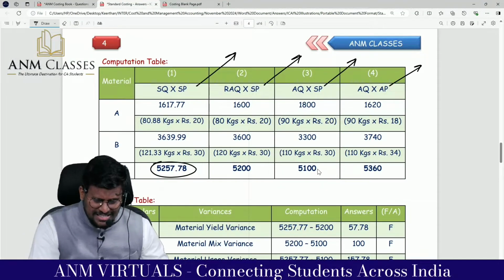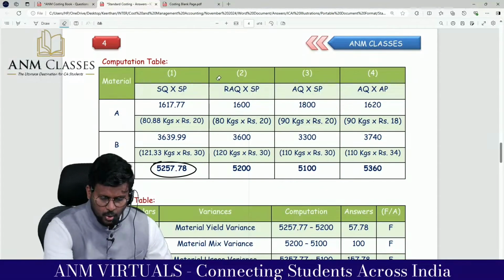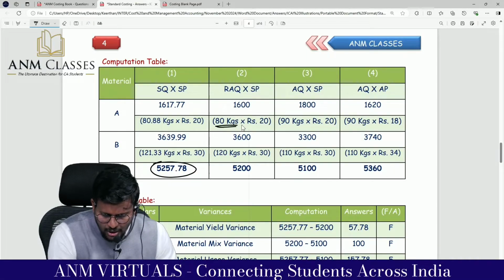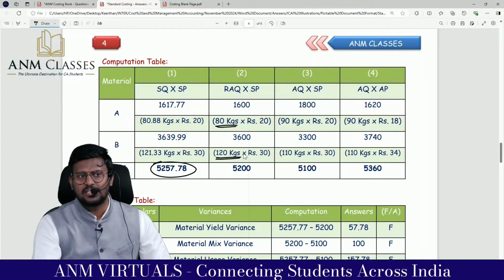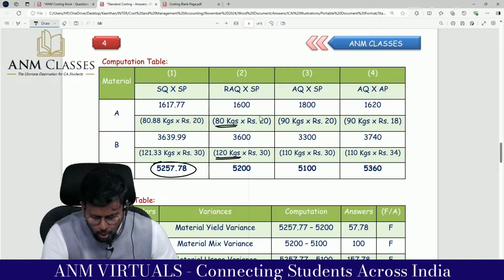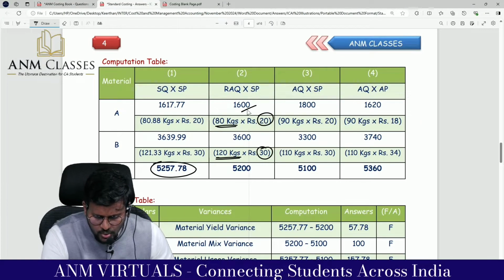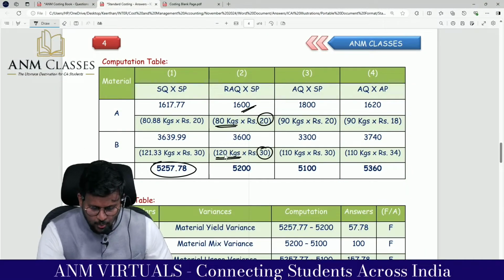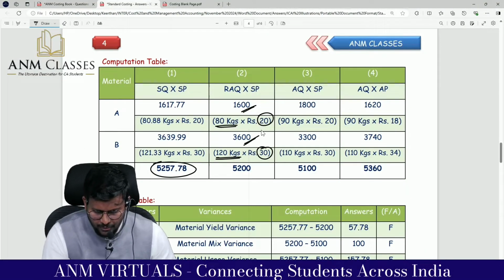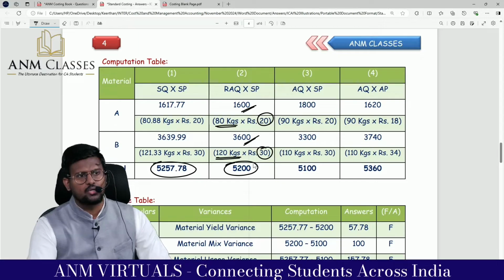Next, the revised actual quantity. 80 kg and 120 kg is the revised actual quantity. 80 into 20 is 1,600 and 120 into 30 is 3,600, total comes to 5,200.